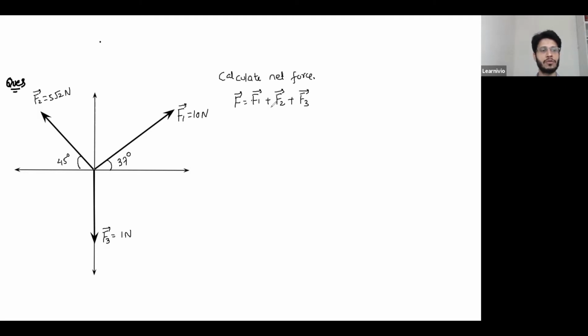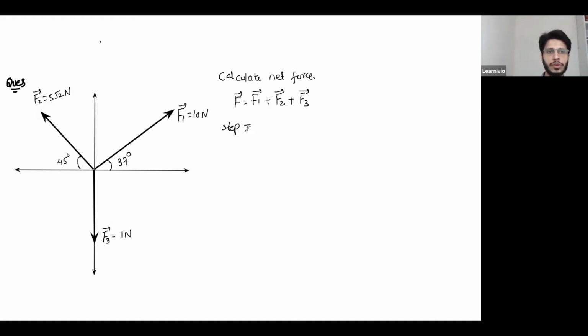This is how we calculate net force. But to add three vectors, we can't use parallelogram law directly, because parallelogram law can deal with only two vectors at a time. We can't even use triangle law because triangle law also deals with two vectors at a time. So instead of parallelogram law, triangle law, you can use polygon law, but polygon law would be very lengthy. We can add these vectors using resolution.